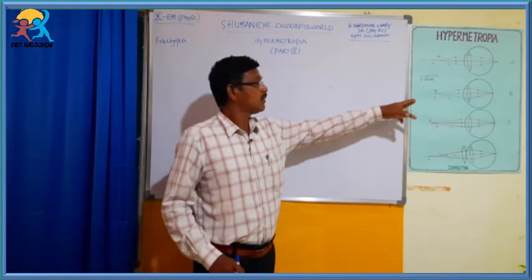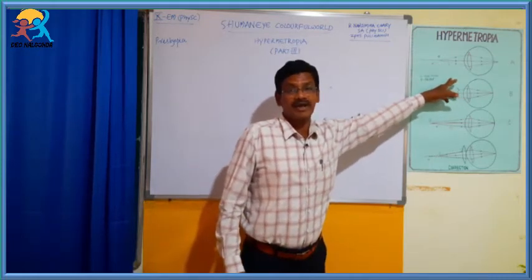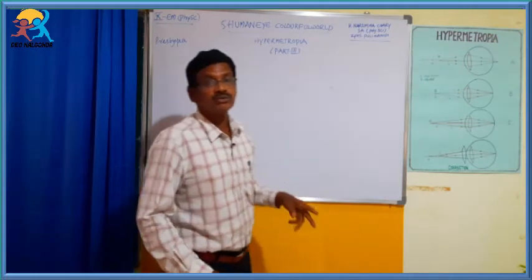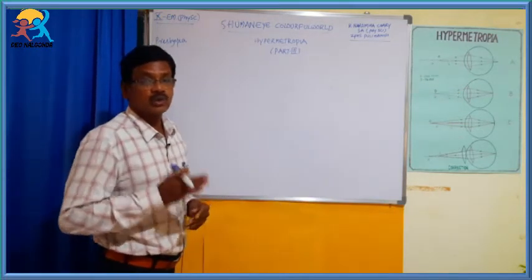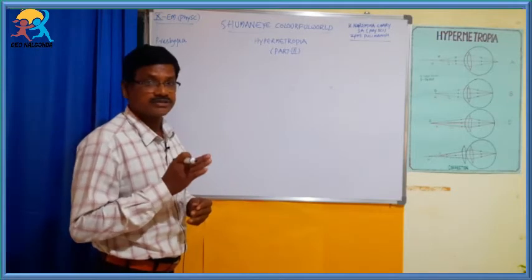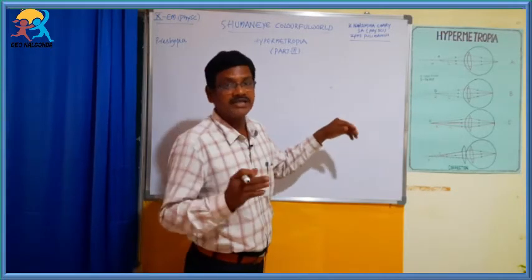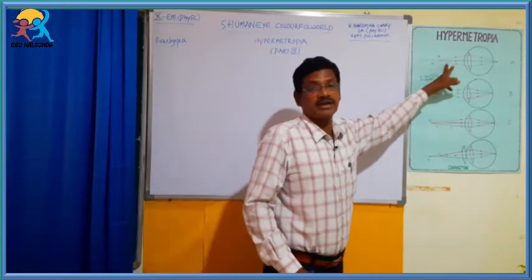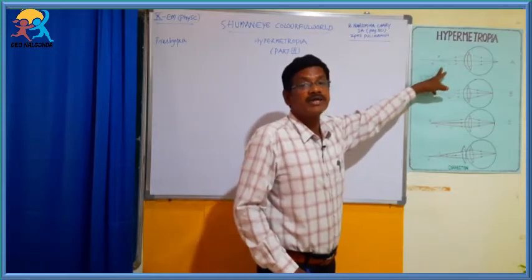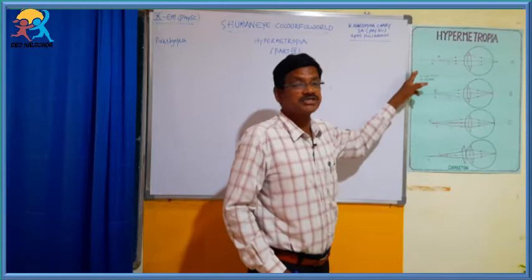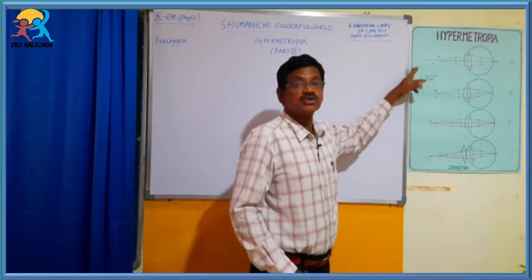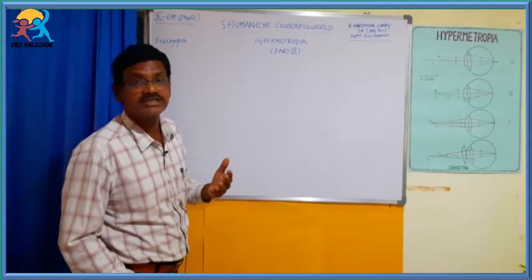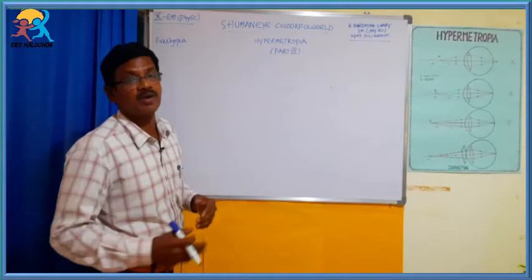As we know that an object between H and L cannot be seen by the lens, we need to correct this eye defect by placing a lens in front of the eye in such a way that an object kept between H and L forms an image beyond H, so that the image formed beyond H acts as an object to the eye lens and its image is again formed on the retina.